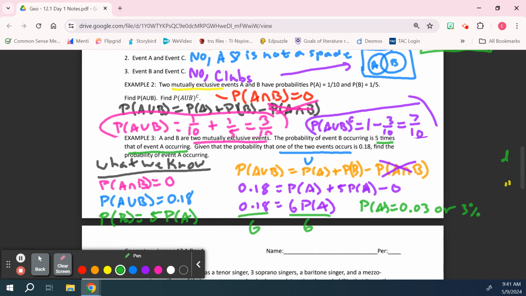Because when you're talking about the probability of a union, you're saying this is the probability that this or this can happen at any time. The and is more specific, where it's like, okay, that intersection, it's only going to be a small sliver of both. Does that kind of make sense? Any other questions?